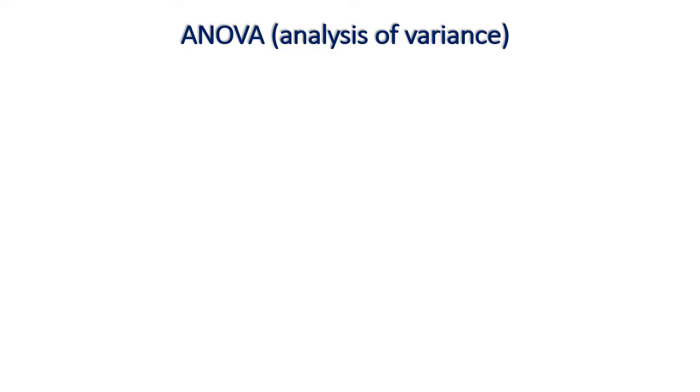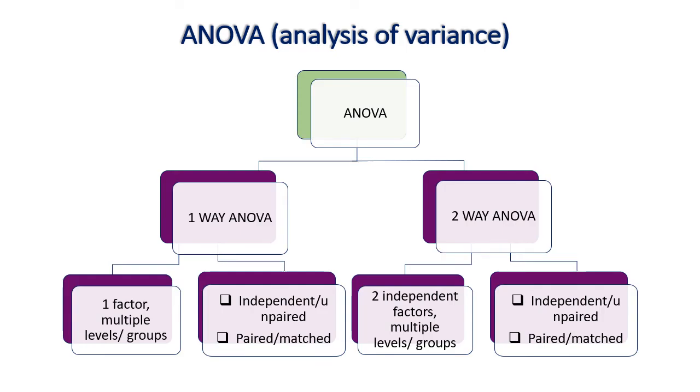So ANOVA could be one way or two way. For a one-way ANOVA, we have one factor or variable and multiple groups, and one-way ANOVA could also be independent or unpaired, and it could be matched or paired.